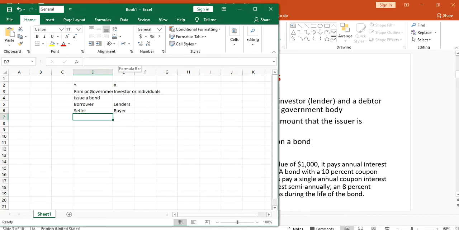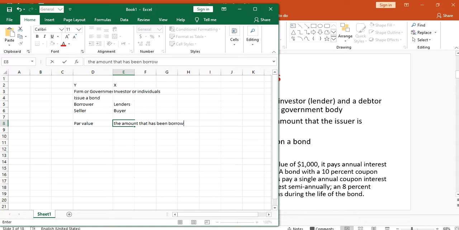As we said, there will be a par value, the amount that has been borrowed or lent.